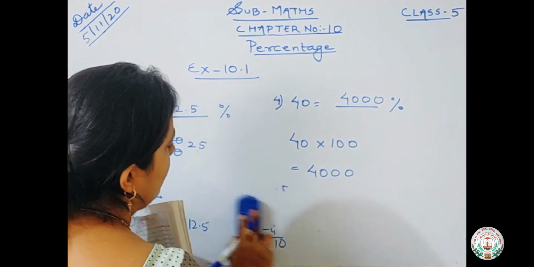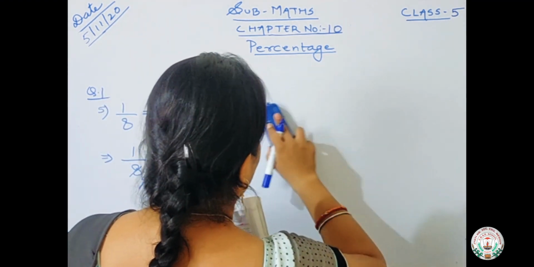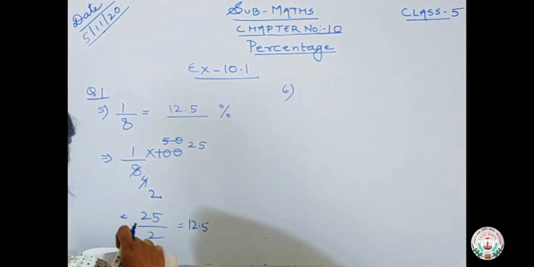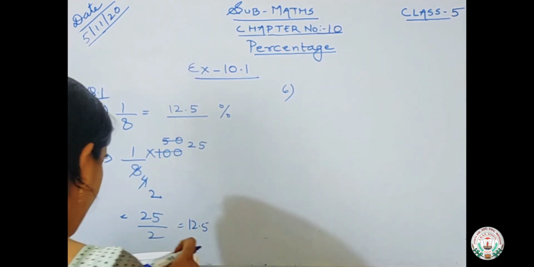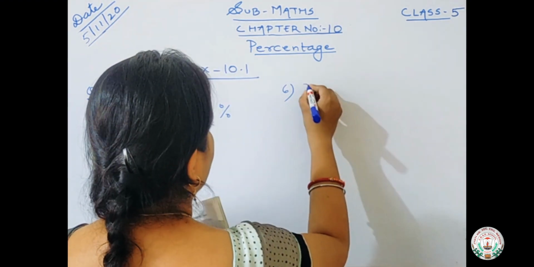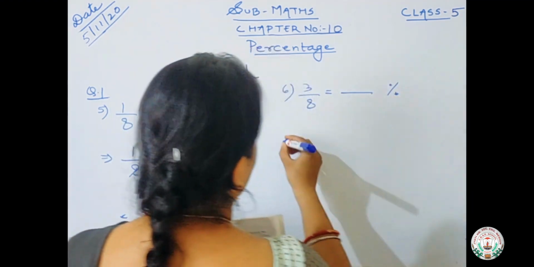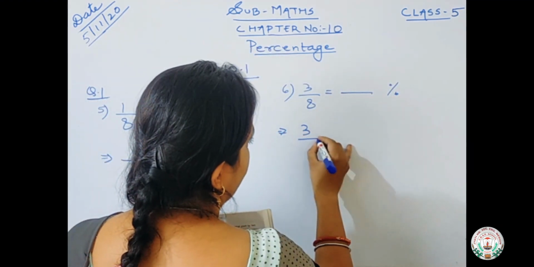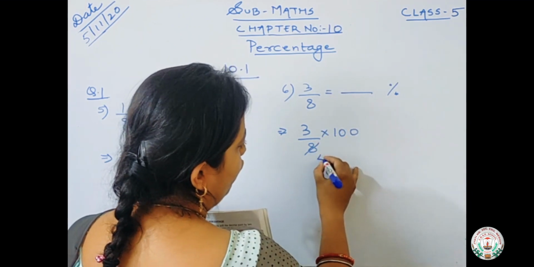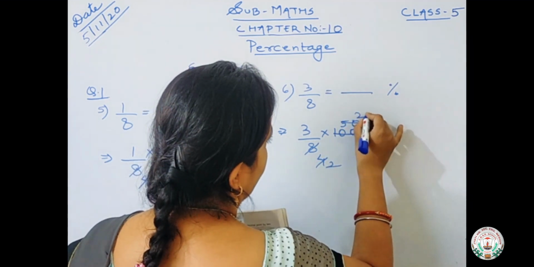So 1 by 8 is 12.5%. Now next is question number 6: 3 by 8 is equals to dash percent. 3 by 8 into 100. Again 2 4s are 8, so 250, 2 2s are 4, so 25.